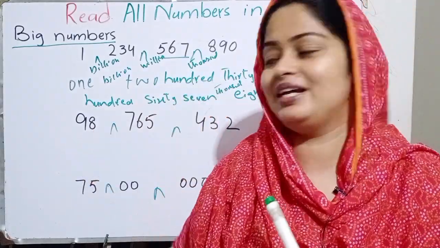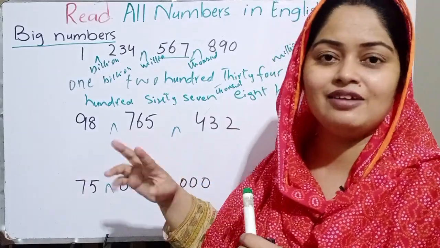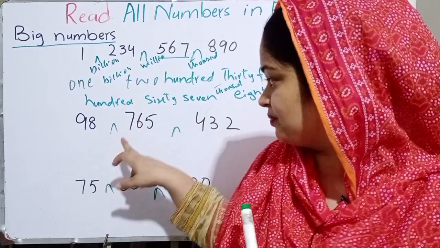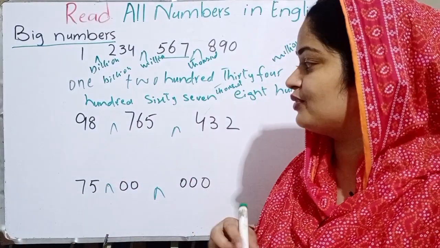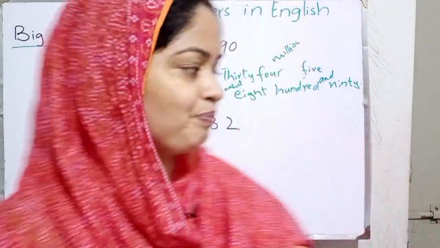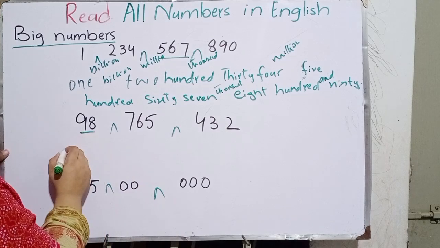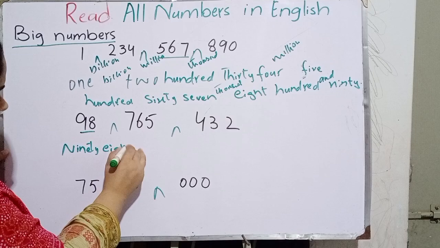We are going to repeat the second example. Now there are only 2 gaps. If there are only 2 gaps between the numbers, you have to write them down. The first is 98.